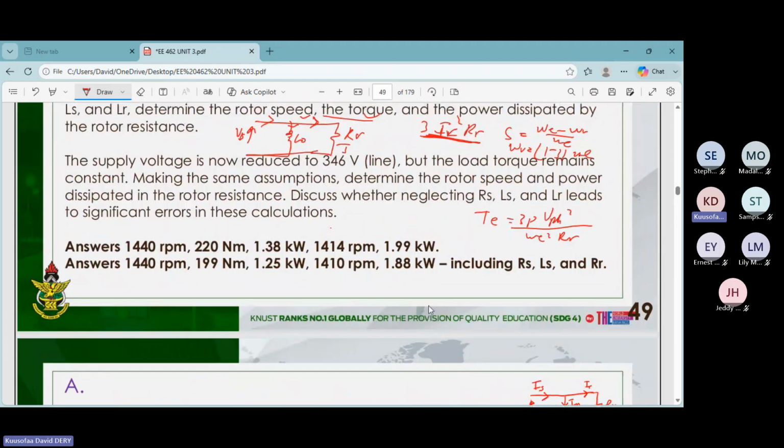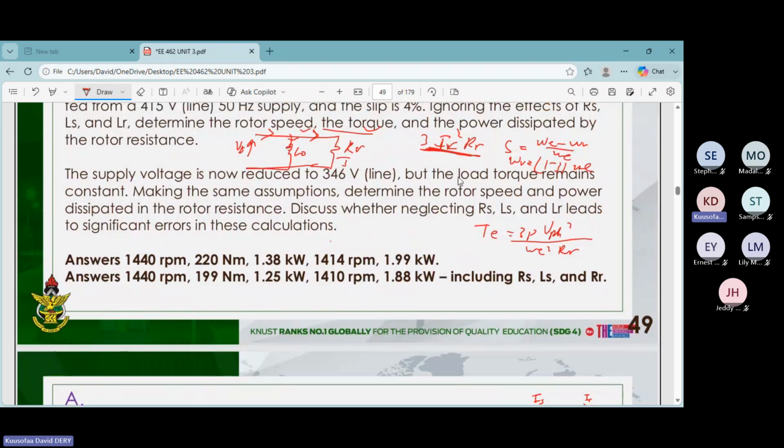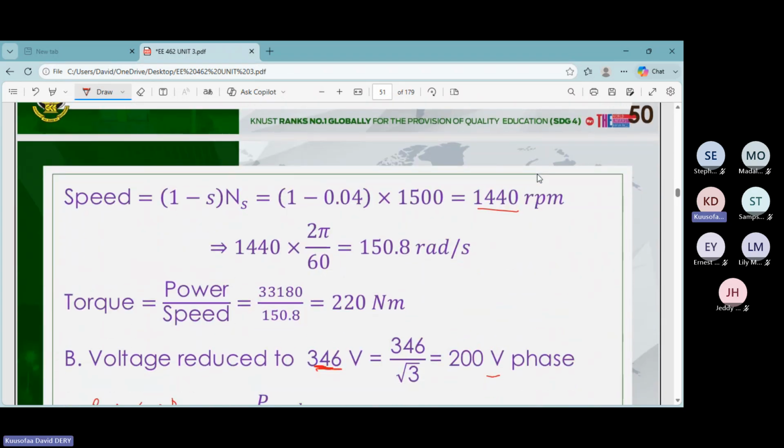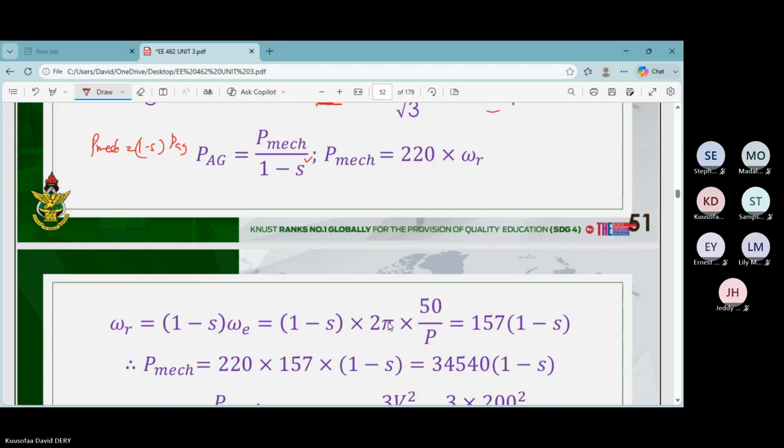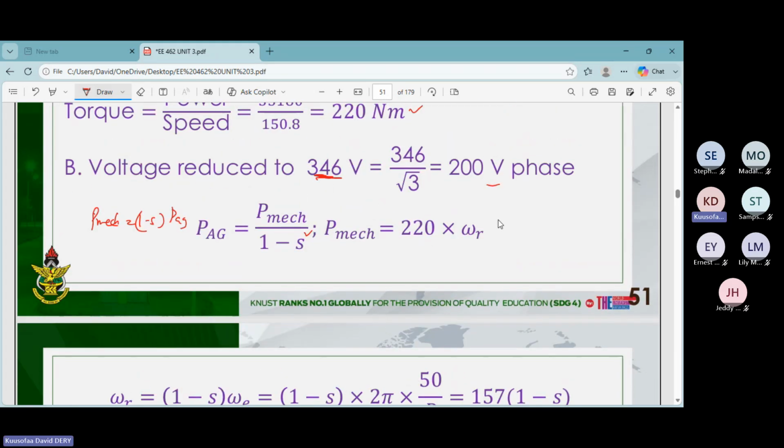The torque requirements remain the same. So the torque that we calculated from the first part of the question, which is 220, will still remain the same. So the output mechanical power is going to be 220 multiplied by the rotor speed. So that is what we are going to have, right?